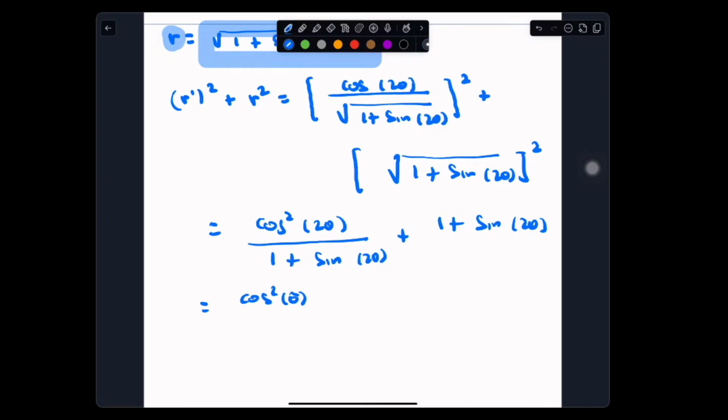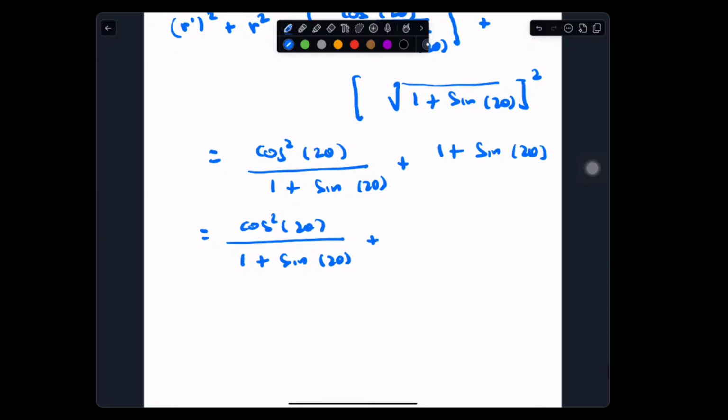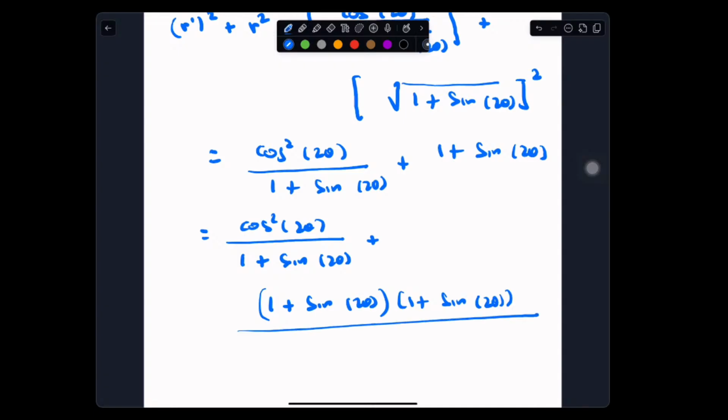So let's try to do some arithmetic. This is going to be over 1 here, so I'm going to multiply both top and bottom of that second fraction by 1 plus sine 2 theta, which is what you see over here.